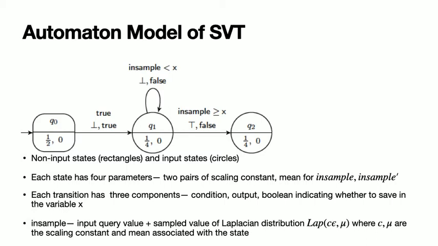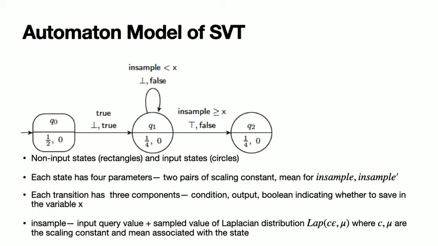If the self-loop transition is enabled, that is, in sample is less than x, then it takes the transition and outputs bottom. Since the third component is false, the value of x is not updated. On the other hand, if the transition to Q2 is enabled, that is, in sample is greater than or equal to x, then it outputs top, transitions to Q2 and terminates.